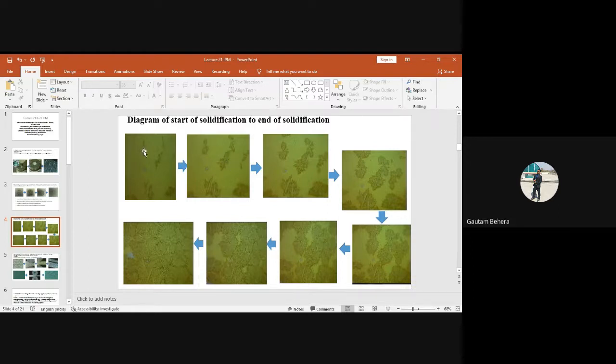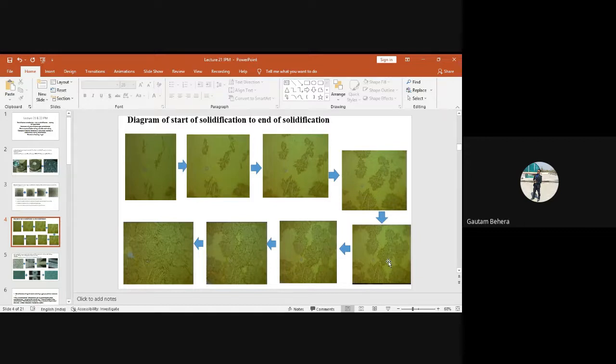So now this solid crystallite nucleus is growing inside the liquid. That means the liquid will disappear and the solid will grow. Further growth is happening. Just have a look at the third image and the fourth image, further growth is happening.